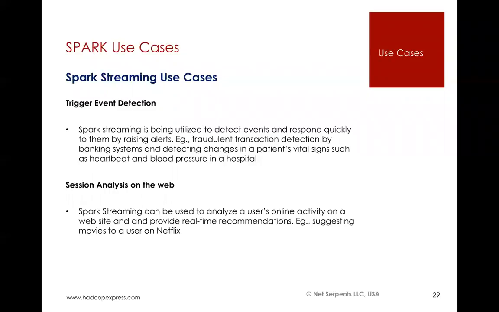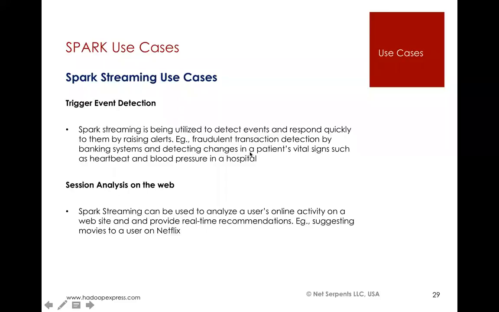I got a text message, and I looked at those, and they were not my transactions at all. Somebody was happily trying to buy something in Singapore. So I told the bank this is not correct, and they immediately revoked those transactions and said, never mind, we'll take care of it. So see how things are changing. Unless we had a streaming use case like this, it would be very difficult to trap such fraudulent transactions.